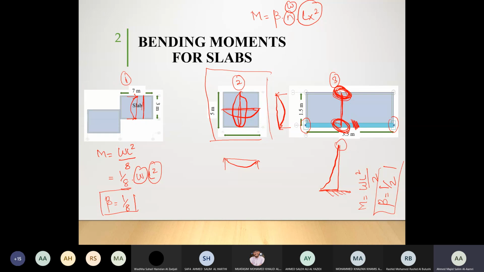Okay, so once again, it's very important for you to know the type of slab, whether it's one-way or two-way, in order to know how many drawings to be drawn. After knowing which type of slab, you need to analyze whether it's going to be a discontinuous, continuous, or a cantilever portion. Accordingly, you can find your bending moment and then the coefficient if it's one way. If it's a two-way, then you need to use the tables to find the coefficients, and we are going to see that now.